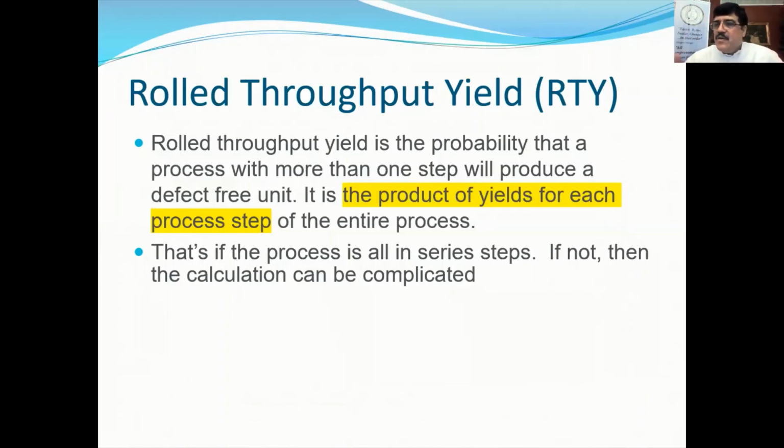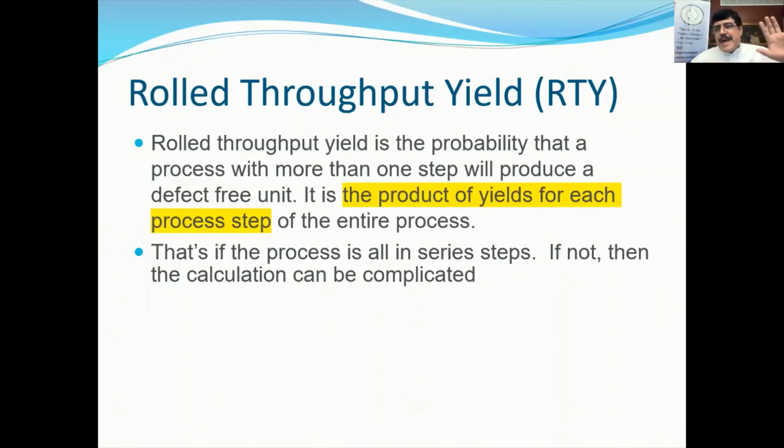Then what is the rolled throughput? You basically multiply these numbers together. The first one has a chance of success of 99, multiplied by the second one, 99.5, multiplied by the third one, 98, whatever. The product of these numbers is called the rolled throughput yield. That's if the process is in series, one after the other.